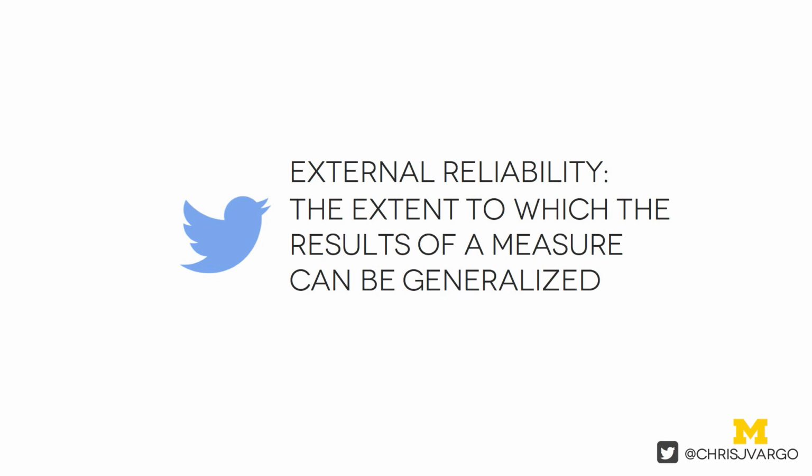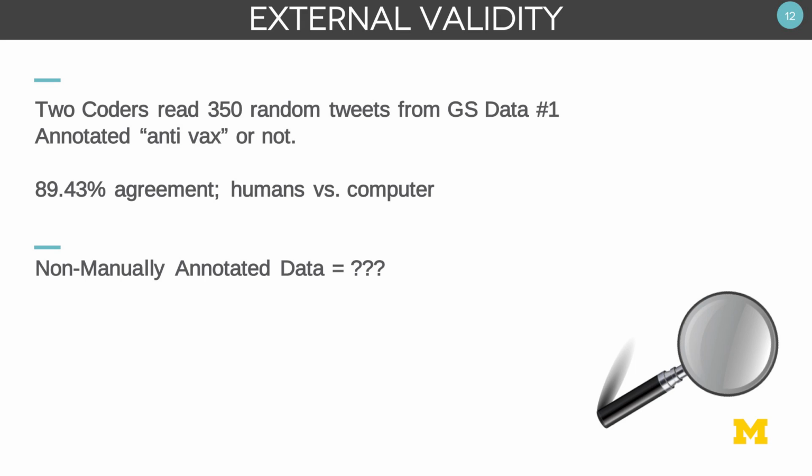So I want to go back to this idea of external reliability, right? This is the extent to which these results can actually generalize to a concept in which we're interested. If we're just interested in the negative affect opinions of people, then maybe the concept on the right is okay, but if we're actually trying to figure out when people are mentioning that vaccines cause autism, the result on the left is probably what we're really looking for.